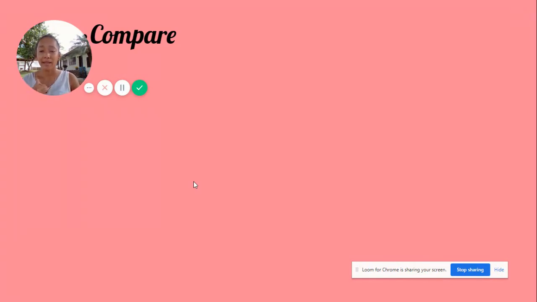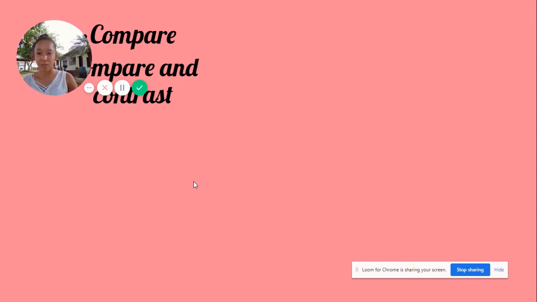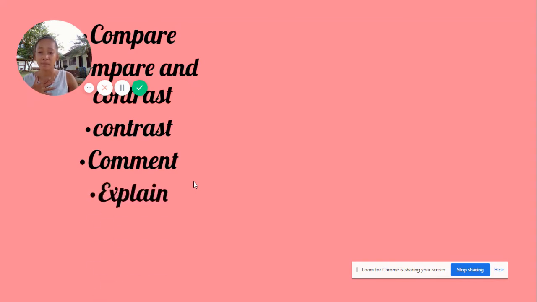Compare, we said, means similarities. Compare and contrast, we said, refers to similarities and differences. Contrast refers to differences. Comment means your personal opinion. Explain, remember explaining why, what, how something happened. Discuss for, against, all opinions, and then maybe at the end you can provide your own.